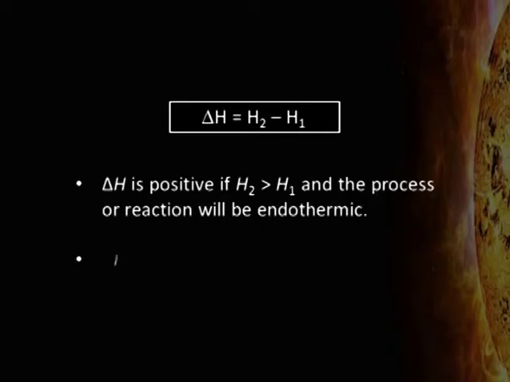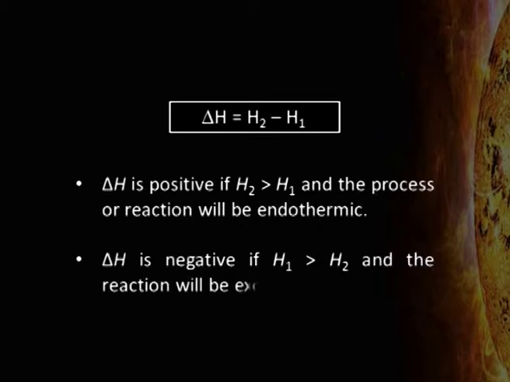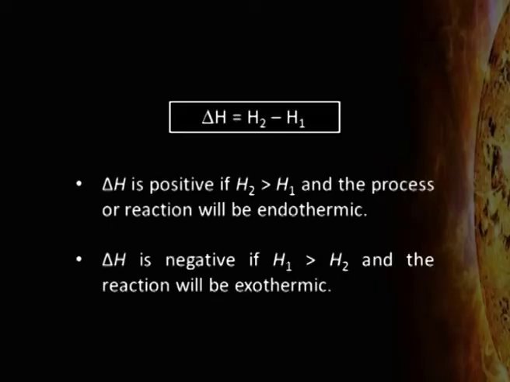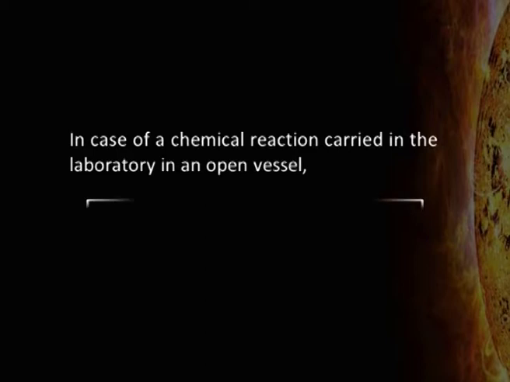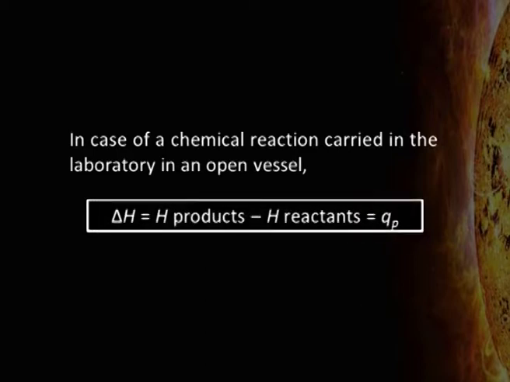Delta H will have a negative sign if final enthalpy is less than the initial enthalpy, that is H2 is less than H1. When delta H has a negative sign, the process is said to be an exothermic process. For chemical reactions, enthalpy change is measured as enthalpy of products minus enthalpy of reactants.